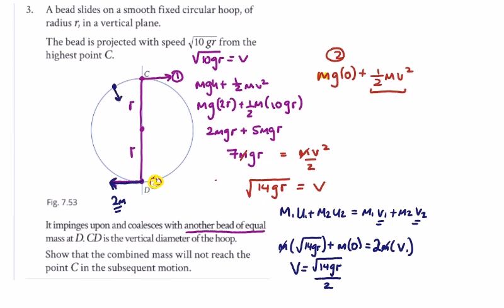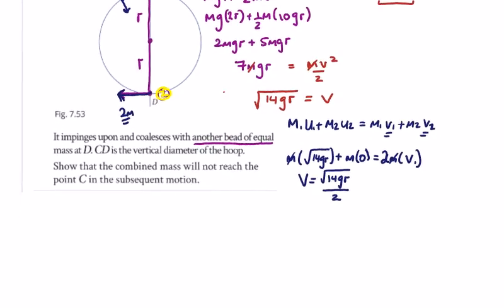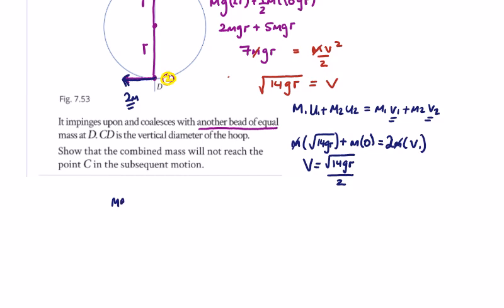So let's see what this height will be. It has to be less than 2r. So mgh, if it starts at 0, plus a half mv squared in position 1 is equal to mgh, that's the h that we're looking for, plus a half mv squared, which will be 0 in position 2.